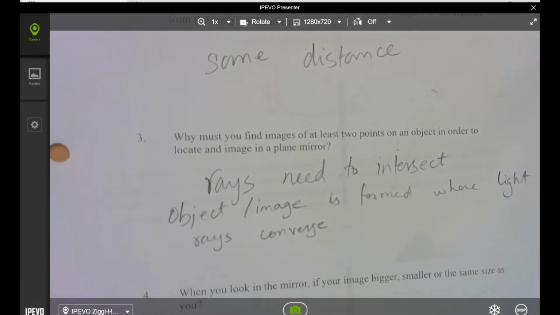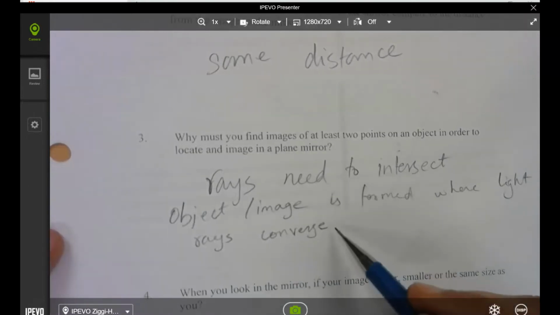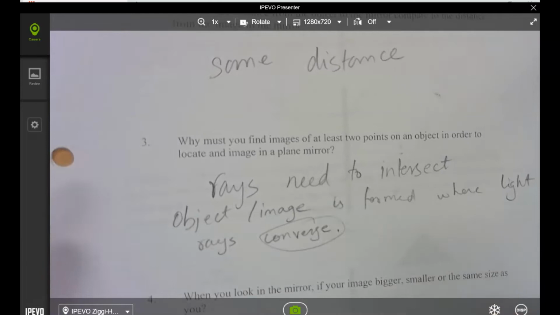They're just appearing to converge at that point, right? But the word converge itself means you need two of something to meet together. They need to intersect. If you just have one, it's not going to converge with anything, right? So you need at least 2. You can draw more if you like, right? But nobody does. I don't know why. Just nobody decides to draw a third ray.